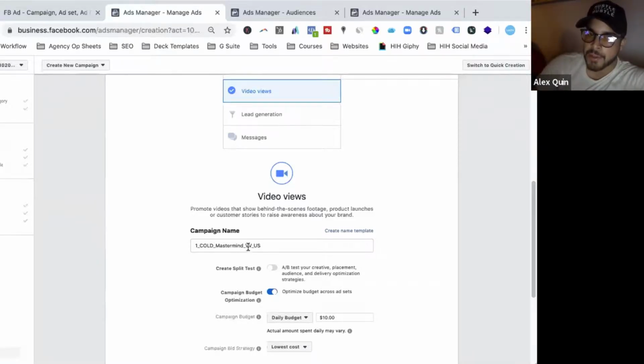It's a video view campaign objective, and we're targeting the United States. If you don't know what that means, this could look crazy when you open Facebook Ads Manager, but this is going to make it much easier for you guys to understand.